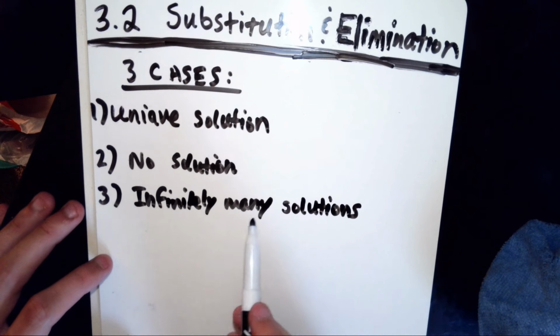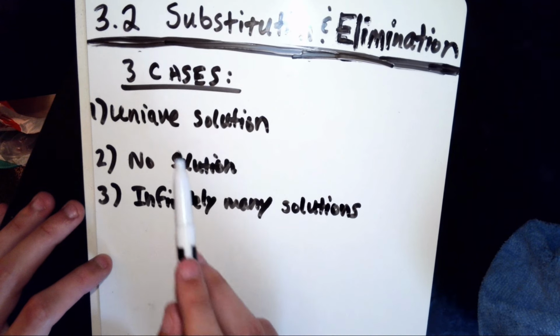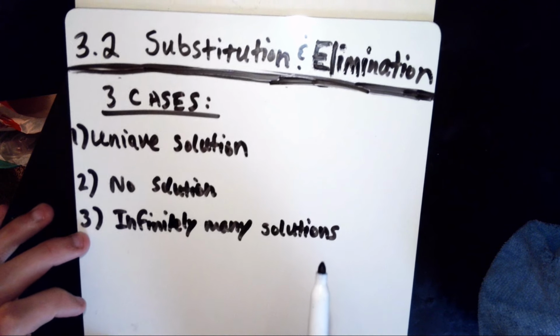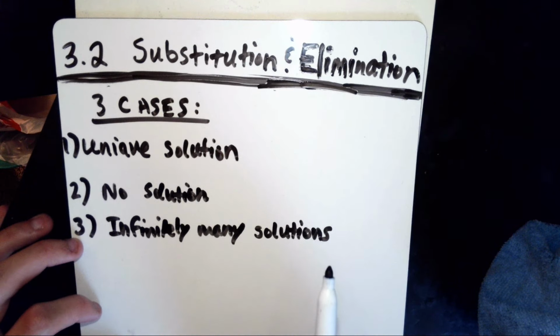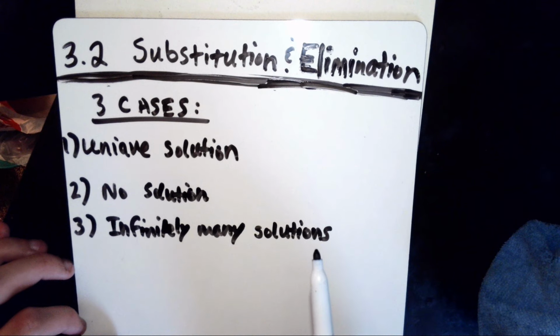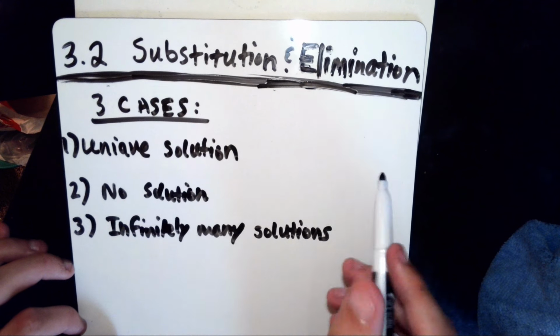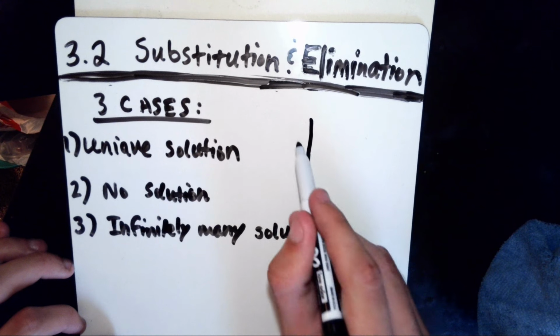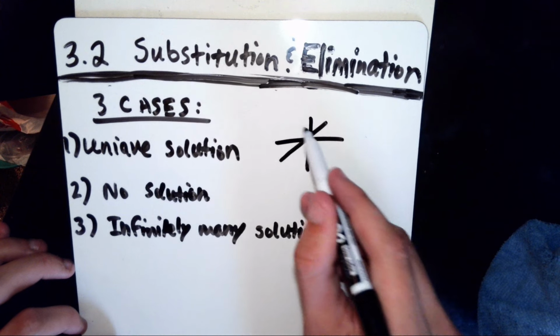It sounds kind of crazy, but any of these three cases are possible when you're solving a system of equations with two variables. It also has to be a linear system, but not to harp too much on that. Let's go into what these cases look like. A unique solution would correspond to a linear system where two lines intersect in one spot.